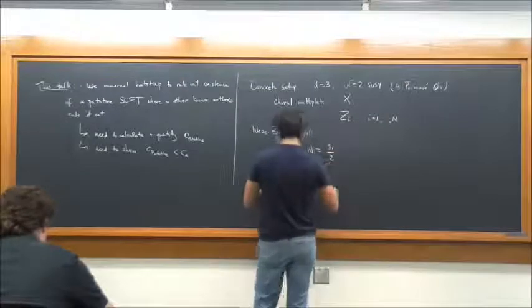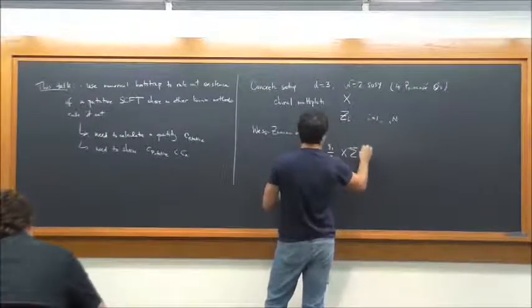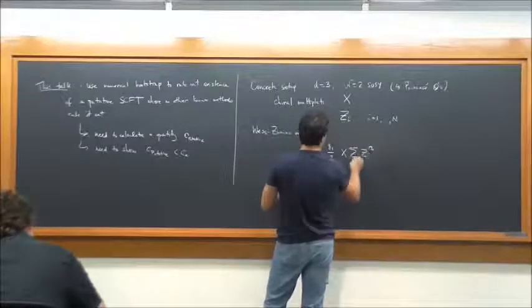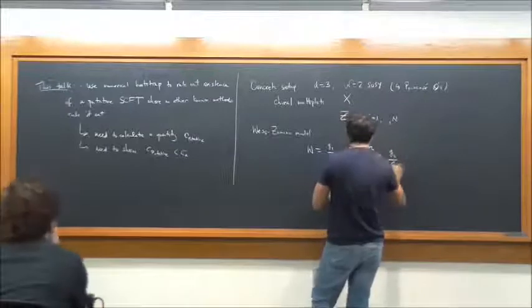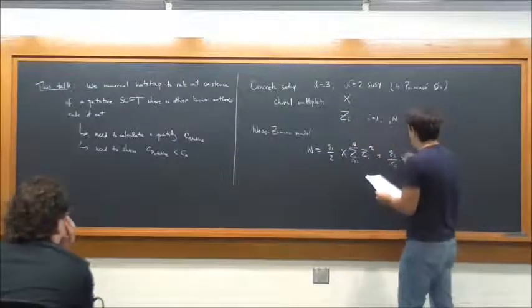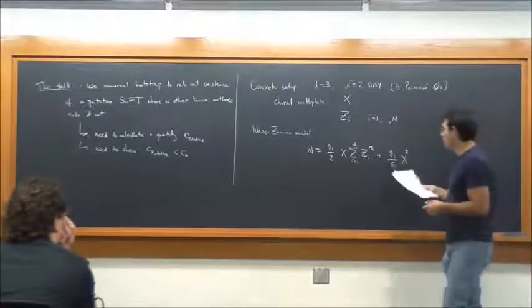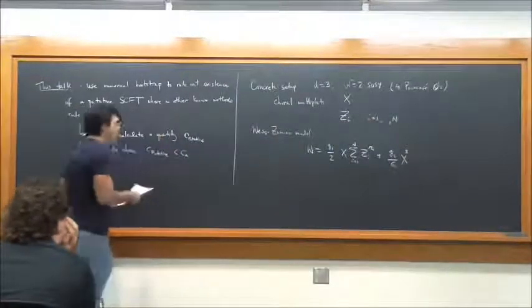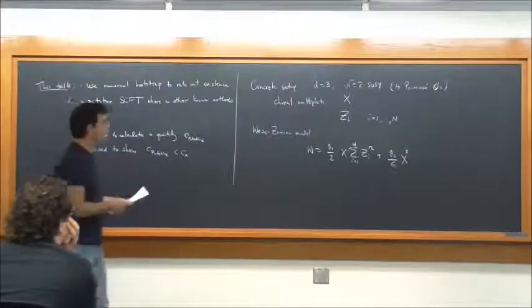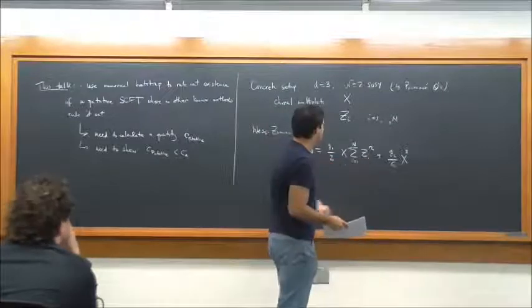I'm going to have an interaction that looks like some coupling constant times x times the sum of the z_i squared, plus some other coupling constant times x cubed. Okay. So this is a superpotential that preserves O(N) symmetry.